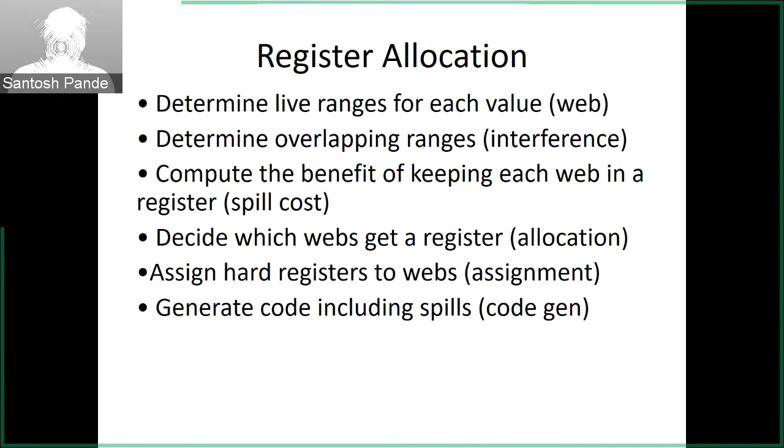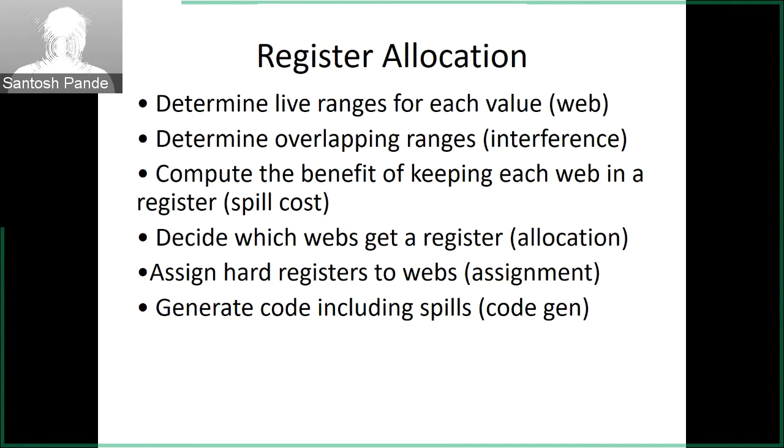The one with the lesser penalty, we can live with some of the load stores. But imagine one of them has a penalty of 1,000, and the second has only a penalty of 70. The one which we can live with is 70. So the higher the spill cost is, the better candidate it is for register allocation. It will be given a register over the one which has a lesser spill cost.